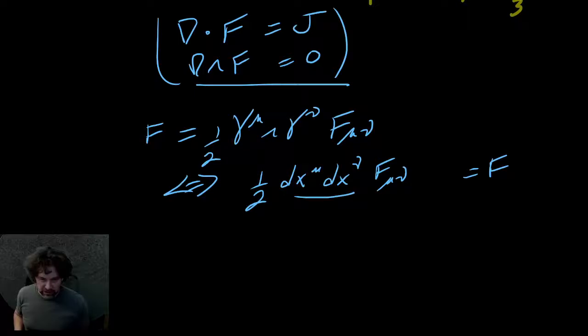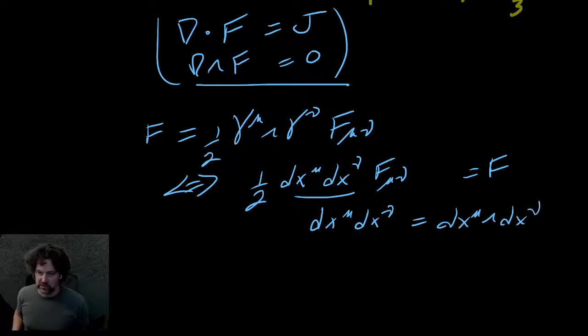And remember that in differential forms, dx^mu dx^nu is implicitly dx^mu wedged with dx^nu. The product of differentials builds in the antisymmetry of a wedge product. This is not the wedge product of vectors in this case, this is the wedge product of one forms. So we construct a two form by multiplying two one forms, and the multiplication of one forms is through the wedge product. This is the one form, one form.